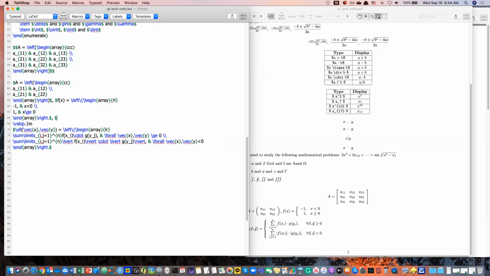What I mean is this: f of x is equal to, and then begin cases. We use the cases environment: -1, comma, x is less than 0, and then 1, comma, x is greater than or equal to 0, and end cases.